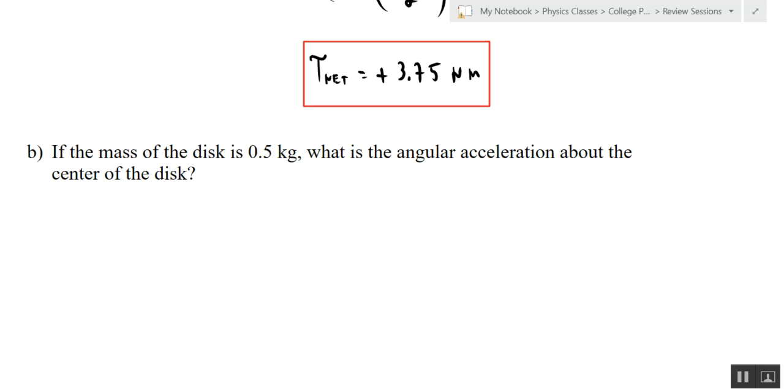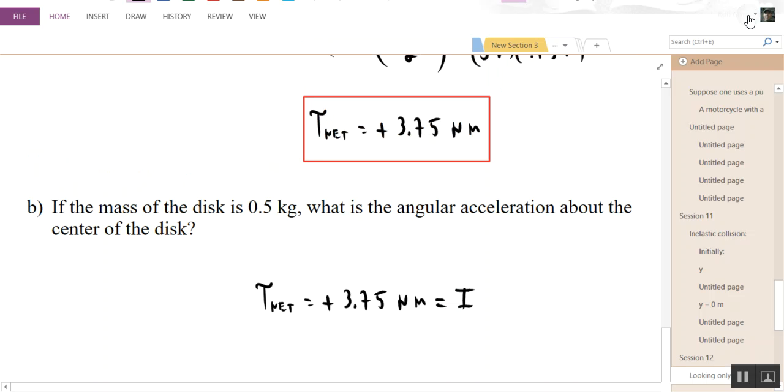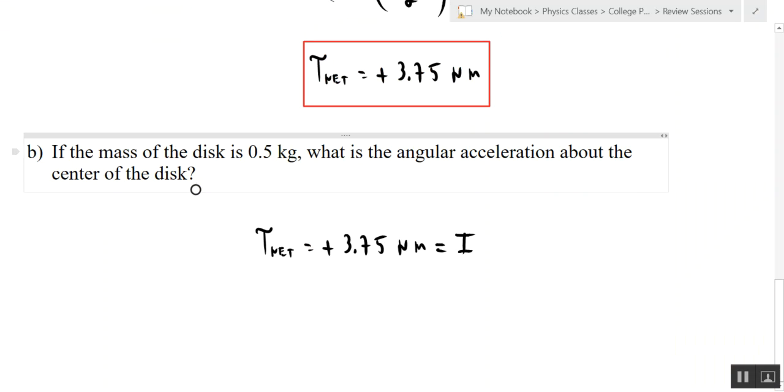Okay, what is the net torque equal to? It's on your equation sheet, and we've used it a few times. It's the analog of F equals ma for rotation, which is I alpha equals net torque.